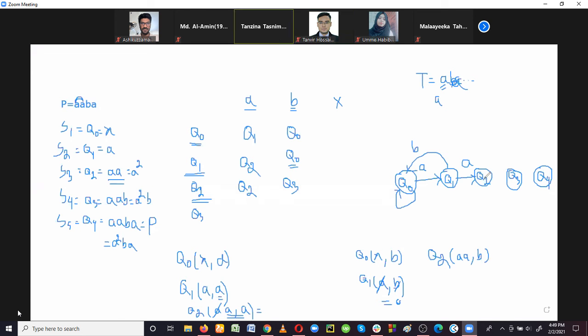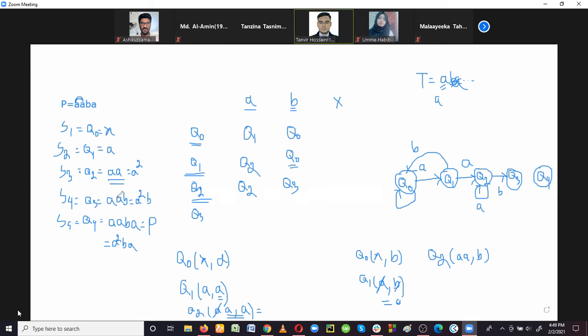So what about Q2? The value of Q2 is AA, and after receiving another character A, it will be in its own state, right? And if it receives B, then it will move forward to the next state. Now the algorithm is in state number 3, in Q3. And what is the value of Q3? The value of Q3 is AAB.